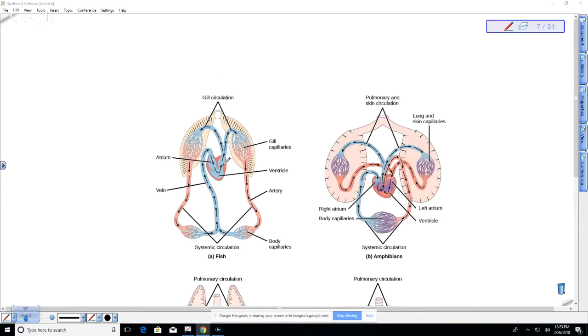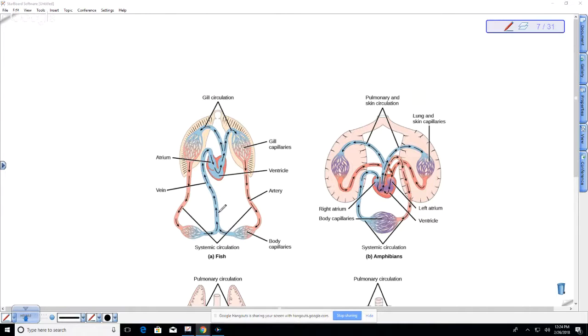So you can see here that with the fish's single circuit, it's going to go out to the lungs where it's going to go through very small vessels. And when it goes through these very small vessels, it encounters a lot of resistance to flow. So we say the peripheral resistance gets high, and that's going to slow down the blood. And then the blood has to go out to the body where it has to go through some more capillaries, and it's going to slow down even more.